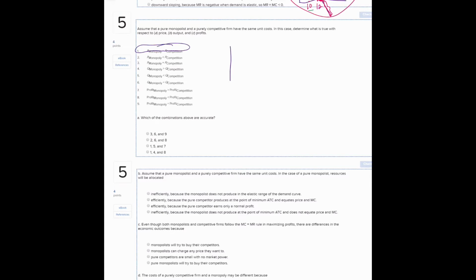If you remember the market structure, the monopolist is going to have that downward sloping demand curve, and the perfect competitor, the firm, is going to have that perfectly elastic demand curve. So the monopolist is going to produce where marginal cost is equal to marginal revenue, the profit maximizing output.